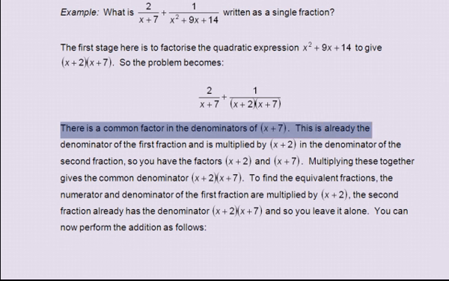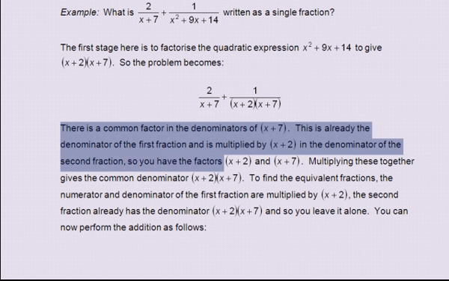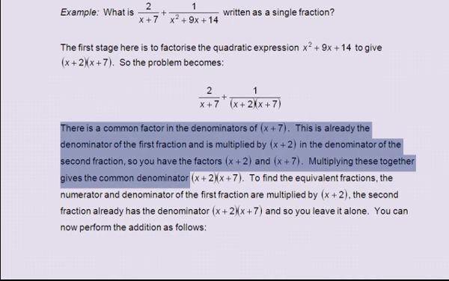This is already the denominator of the first fraction and is multiplied by x plus 2 in the denominator of the second fraction. So you have the factors x plus 2 and x plus 7. Multiplying these together gives the common denominator x plus 2 multiplied by x plus 7.